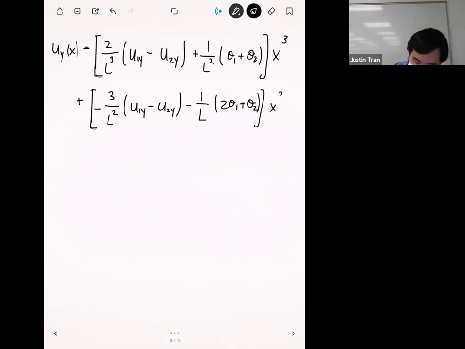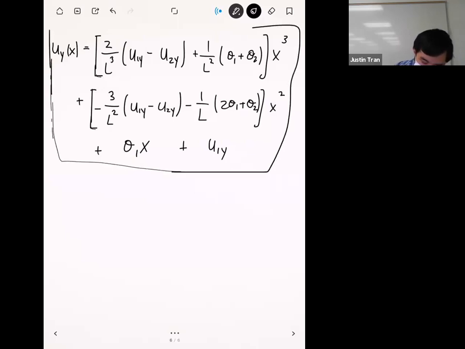So this is our x squared term. Plus theta 1 x plus u1y.